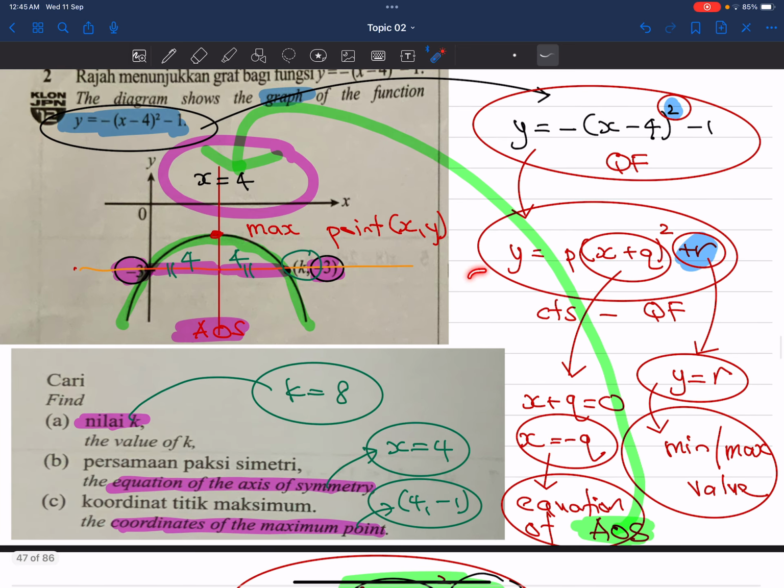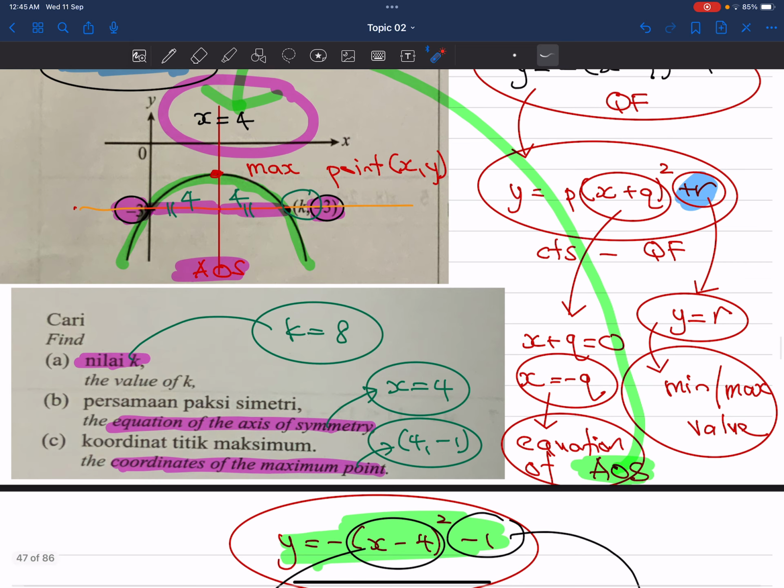And in complete the square, the number outside is the y coordinate, which is the maximum or minimum value. To get the x coordinate, we go inside the brackets, make it 0, and we find the x coordinate.